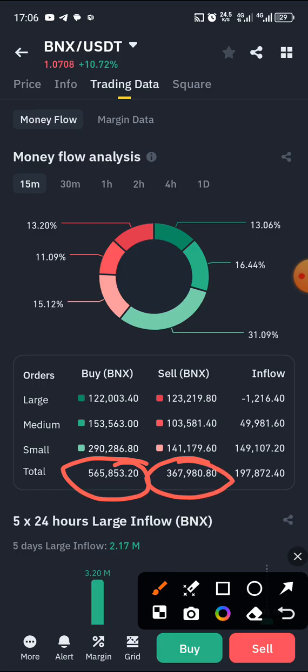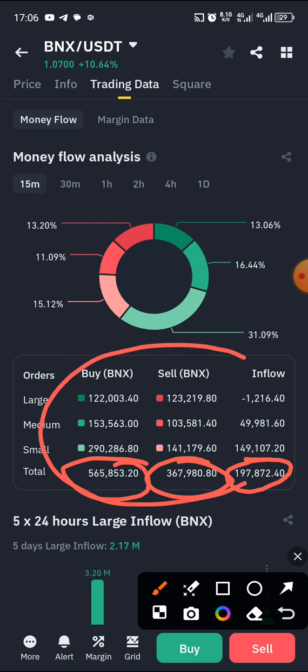What does this show you? Since there is a lot of inflow than outflow, it means that the price of this coin BNX is still rising, because this here shows you that BNX is in demand, while applying the law of demand and supply.